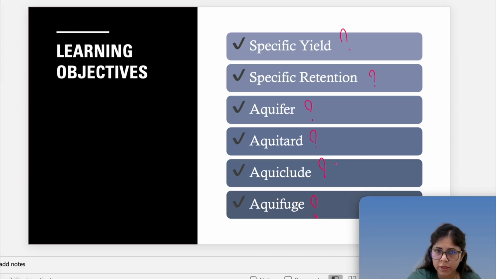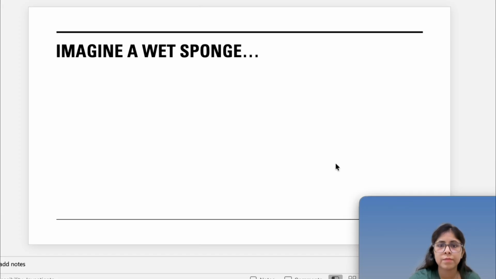So the very first thing, we'll start by imagining a wet sponge. For example, if we take a simple dry sponge and pour it into water, it will be fully drenched, right?